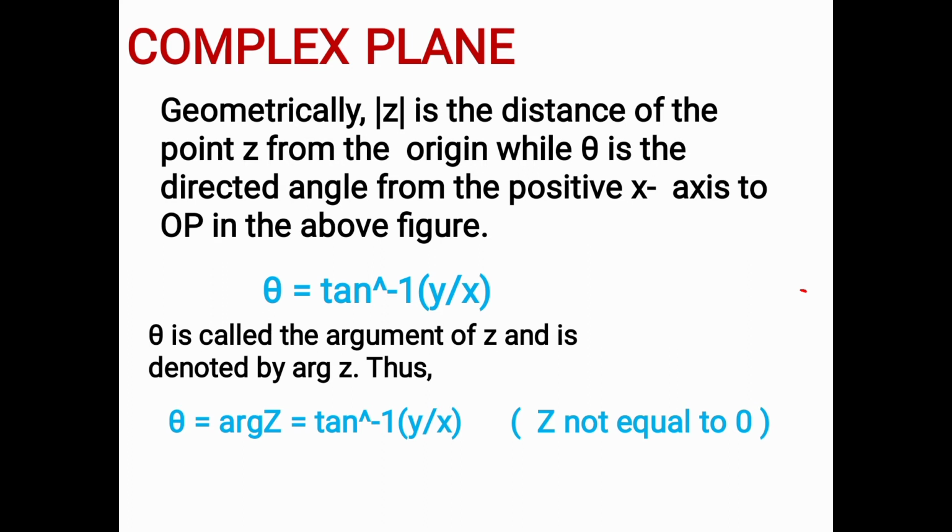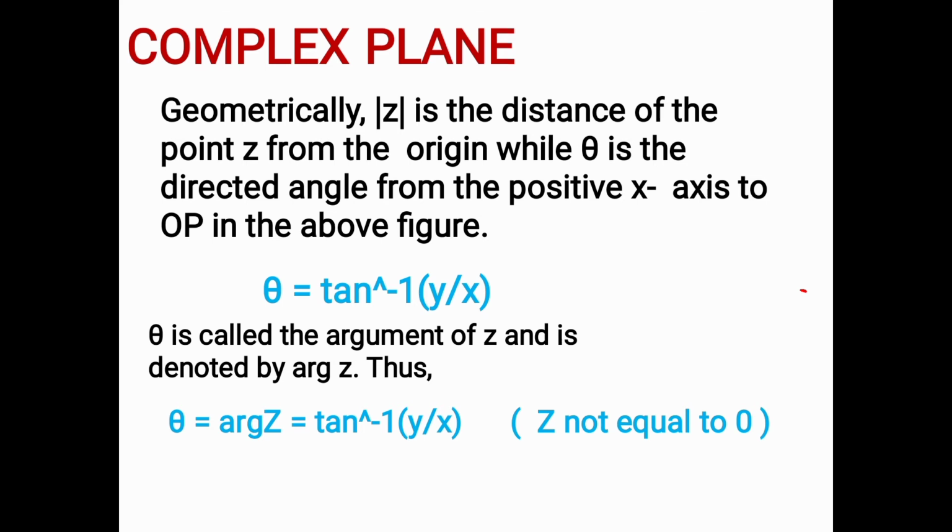What is the meaning? Suppose a complex number z is x + iy. If we represent it in a plane, then it is a straight line. As shown earlier, let this straight line make an angle theta with the x-axis.